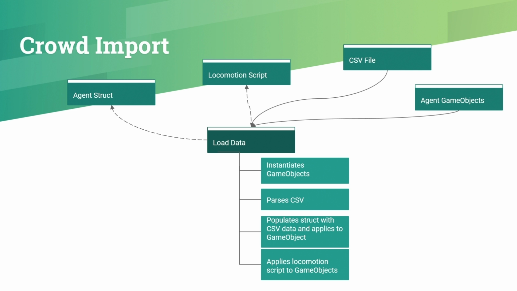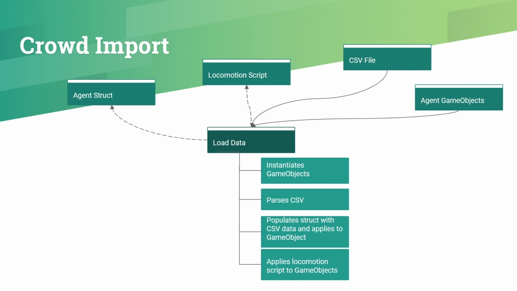So it takes agent 0 and populates it with positions, orientations, and animation states. And then my locomotion script attaches to the agents, and that's what actually reads the CSV data and determines what position it is in the world and the orientation, and it triggers different animations.